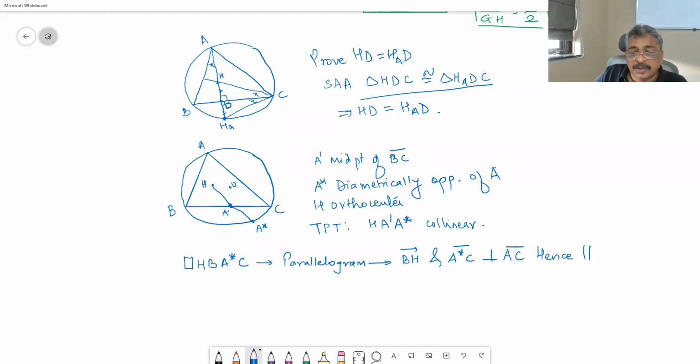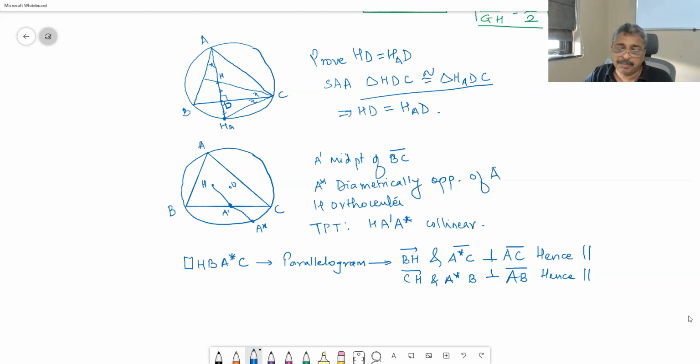Similarly, CH and A star B are perpendicular to AB, hence parallel. So by definition, if a quadrilateral has both pairs of opposite sides parallel, then it is a parallelogram.